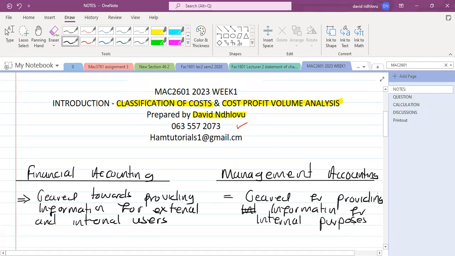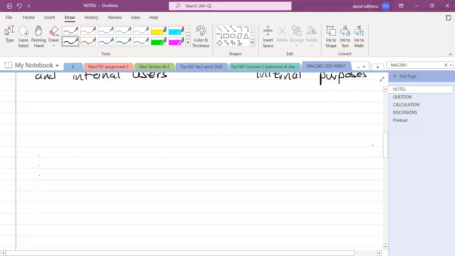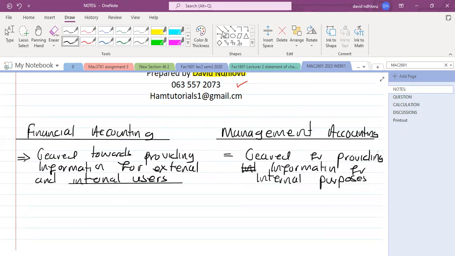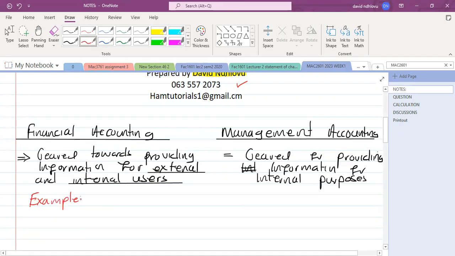Whenever we do management accounting reports, they are not meant for consumption by all the stakeholders inside and outside the organization. Remember, when we talk about users of financial statements, internal and external users, we have the following examples. Internal users are parties that are interested in the financial statements and are within the organization.